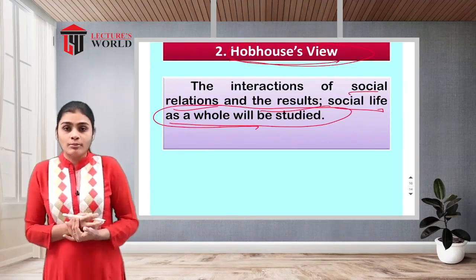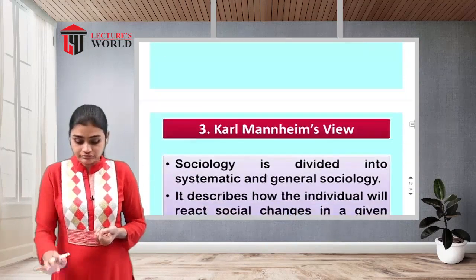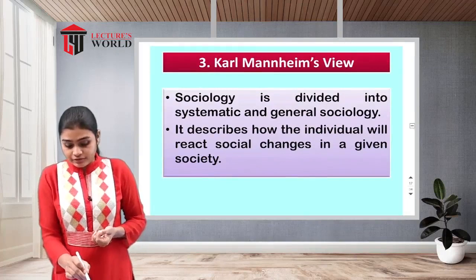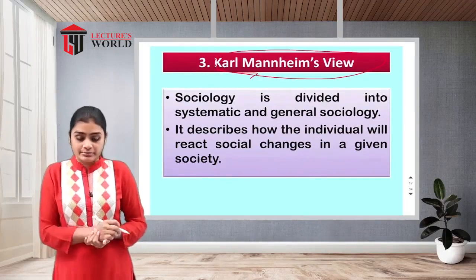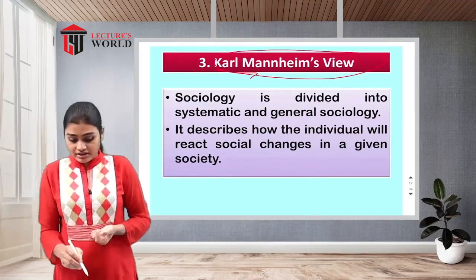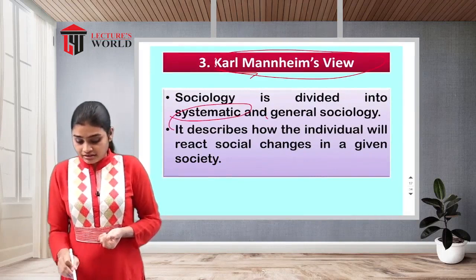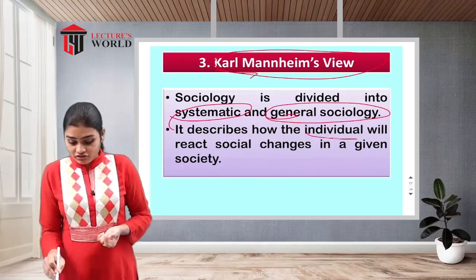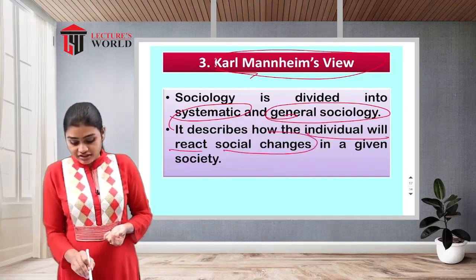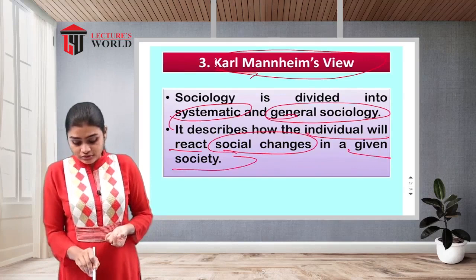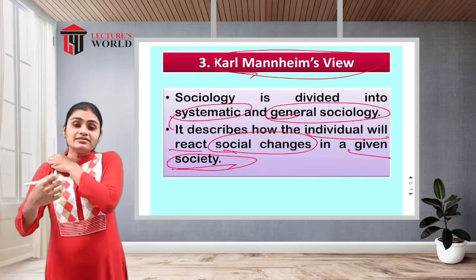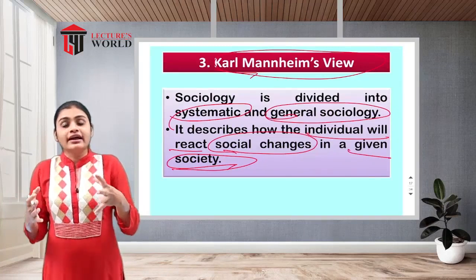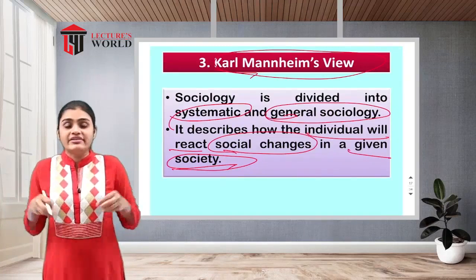So that is Hobhouse's view. The next is Karl Mannheim's view. As per Karl Mannheim, sociology is divided into systematic and general sociology, and they have described how the individual will react to social changes in a given society. That means if any severe social change is coming, how are individuals surviving in that situation?